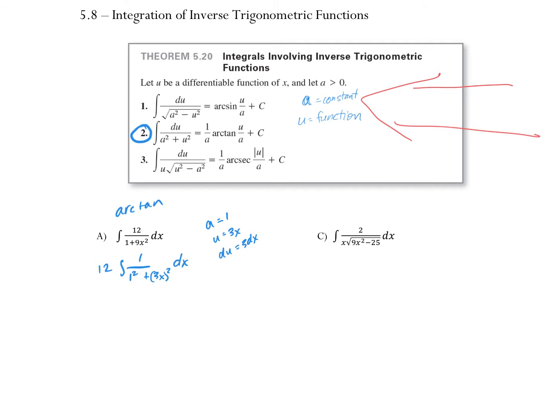And maybe I might take that last step and say dx is equal to 1/3 of du. And the minute I do this, I can say, well, the integral will be 1 over a arctan u over a plus c.